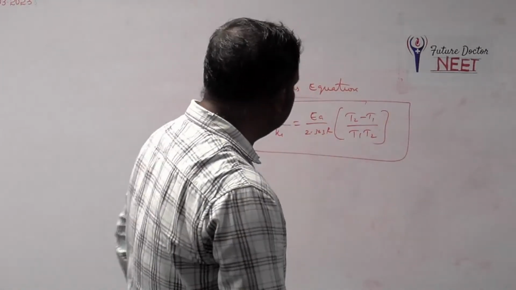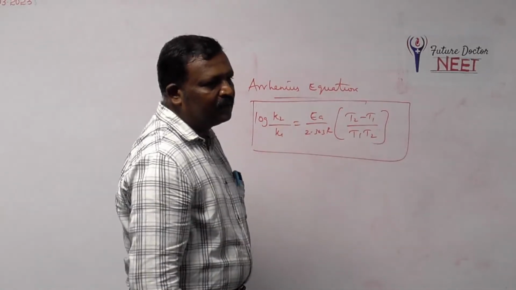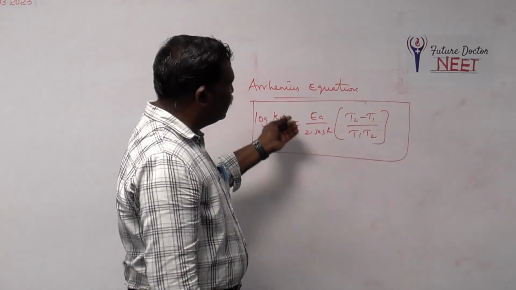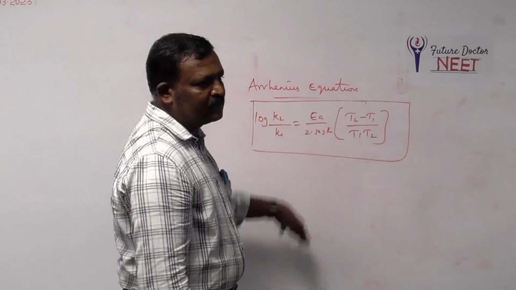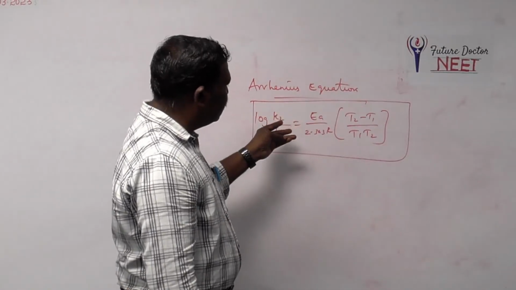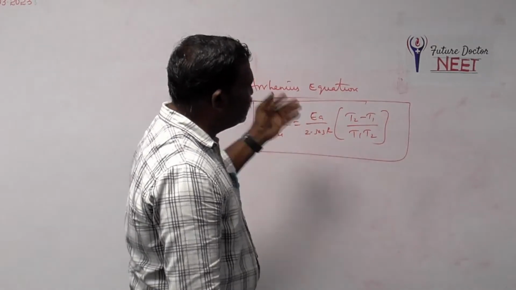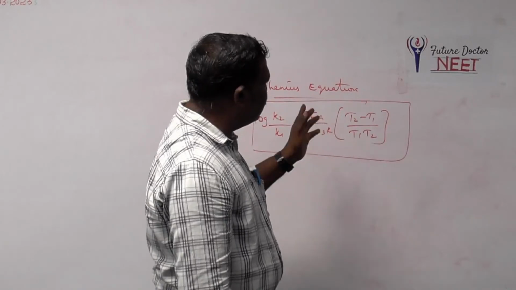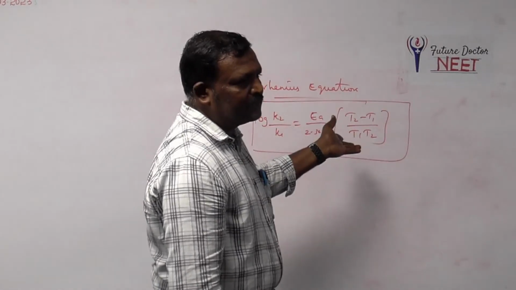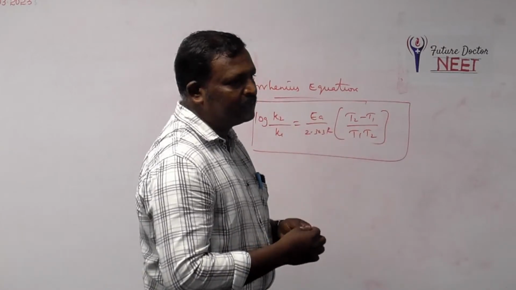So I completed all the theoretical part. Next class I will give some problems based on this. The first order reaction formula problem is very, very important. Zero order is also sometimes asked; they haven't asked any so far, but sometimes they'll ask zero order reaction problems.